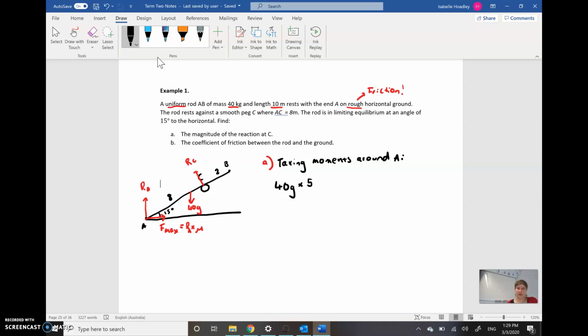Now we haven't 100% finished that yet, so I'm just going to leave that for the moment, and that's going to be equal to RC times 8.